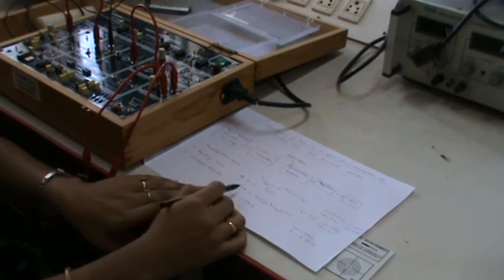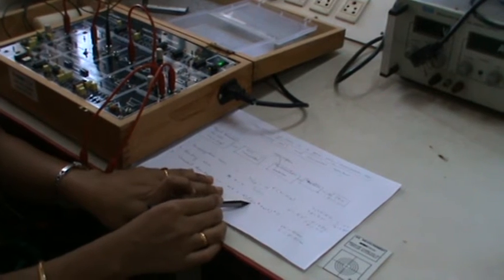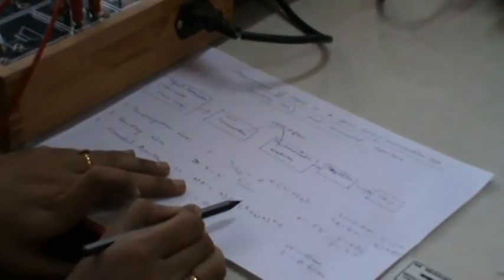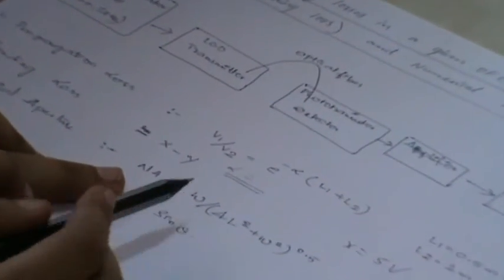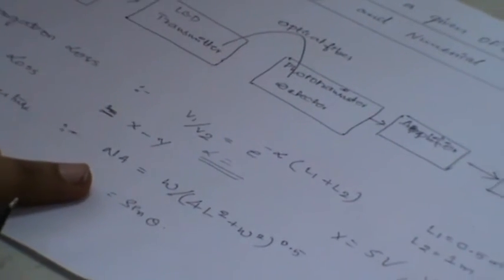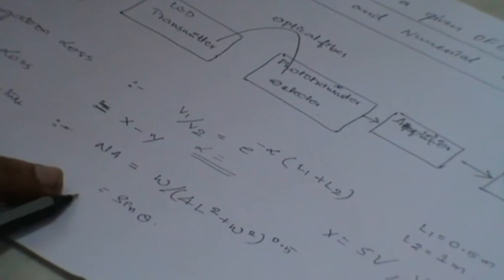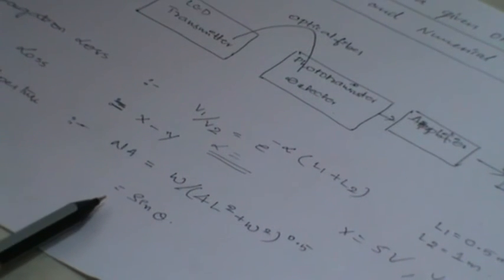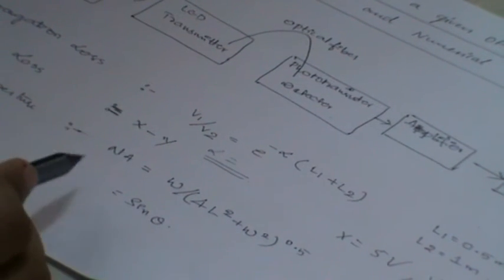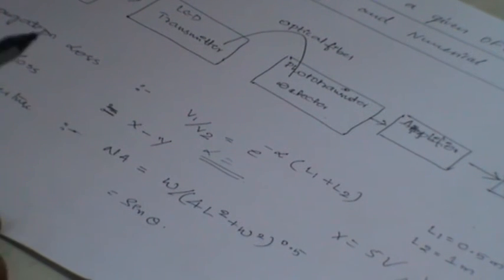We have the formula for numerical aperture, which is equal to W divided by (4L square plus W square) whole to the power 0.5. Do the calculation and you will get the numerical aperture. But numerical aperture is always expressed in terms of angle, because we are measuring the emitting surface or emitting light, which is always expressed in angle, especially in the case of antennas or OFC.